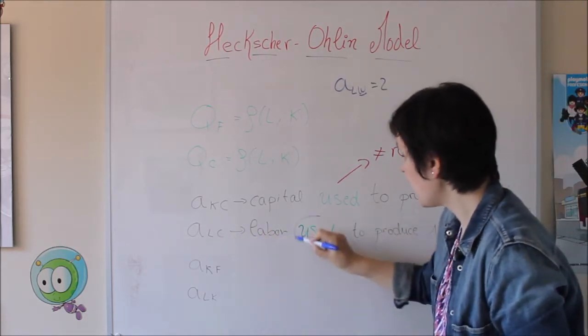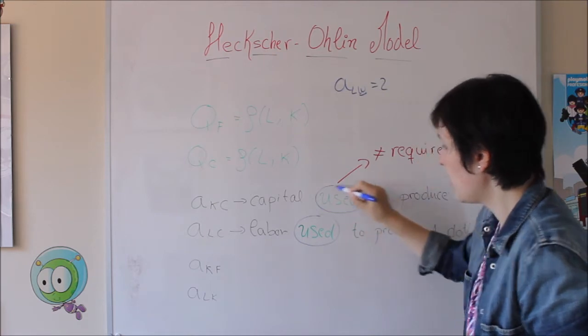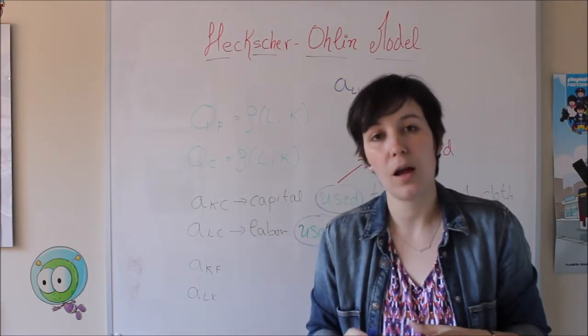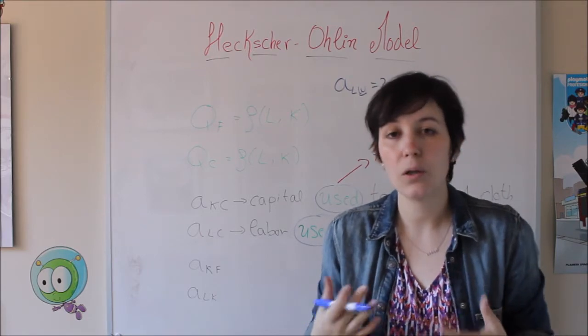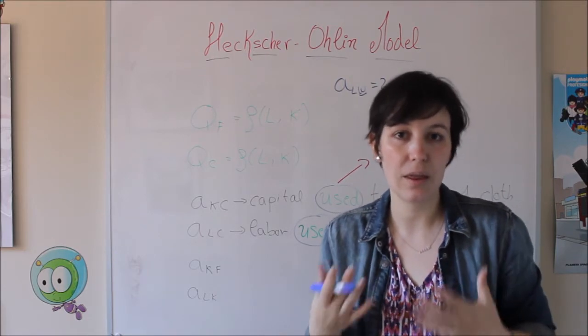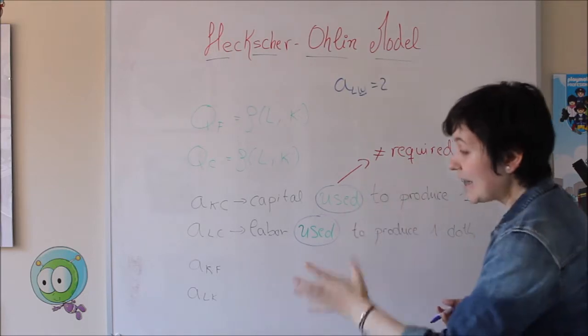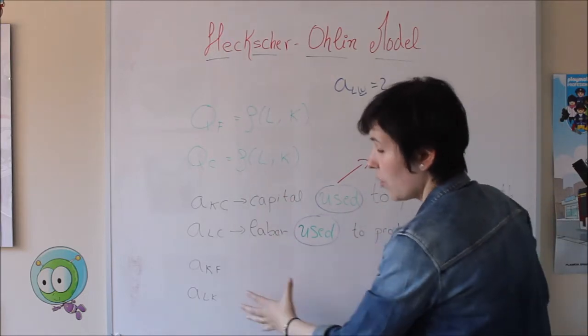You see, now we are not going to talk about requirement, because you can combine the production factors to get that output. There are many possible options of combination to get that one. The same thing is going to be for the other industry.